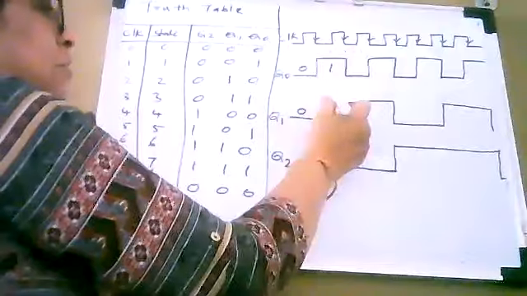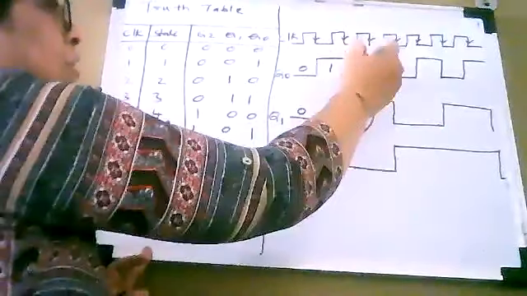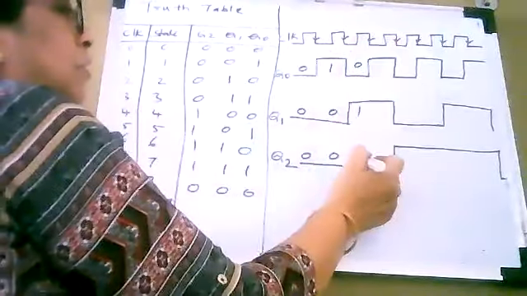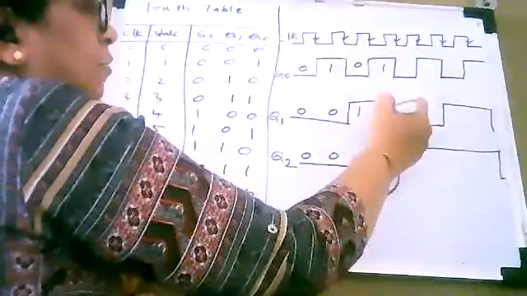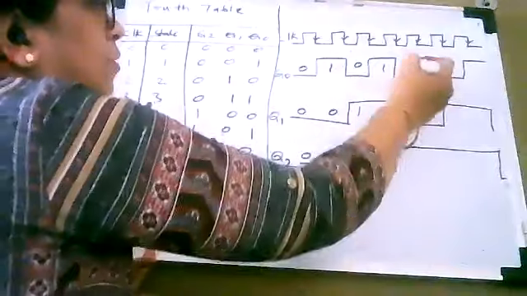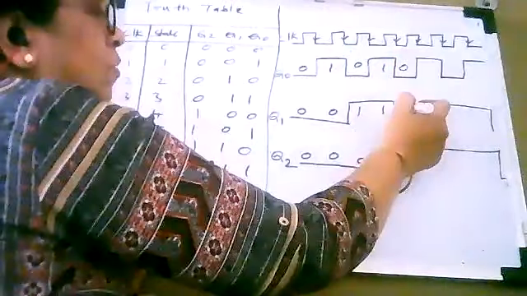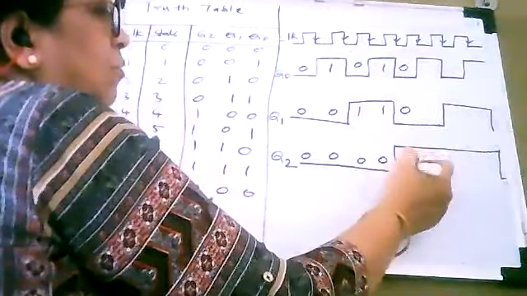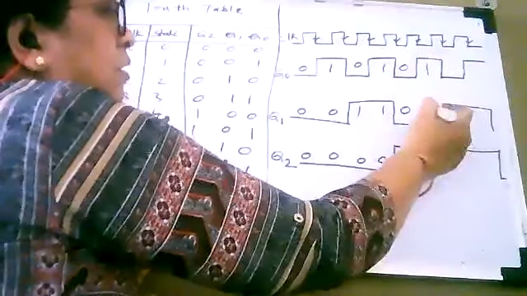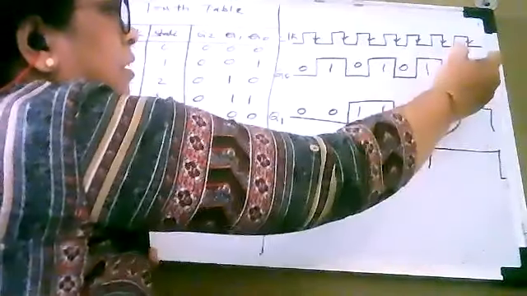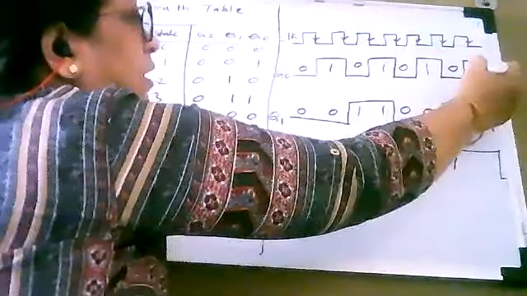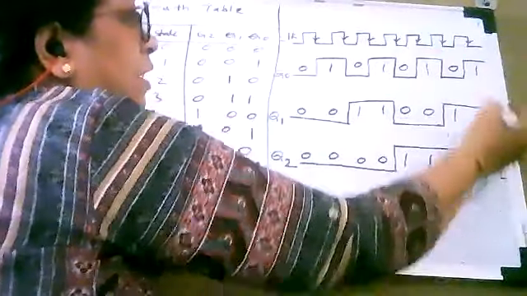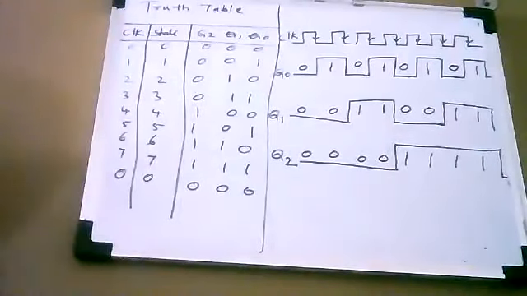So here you have to write the data for Q0, Q1, and Q2. This will be 1, 0, 0, 0, 1, 0, then 1, 1, 0, 0, 0, 1, 1, 0, 1, 0, 1, 1, and the last one is 1, 1, 1, and after this again it will be 0, 0, 0.